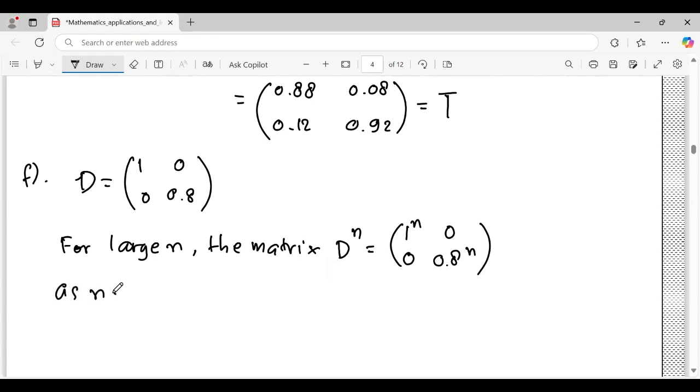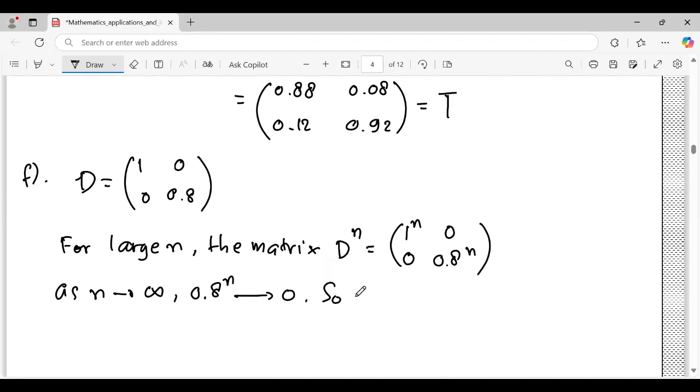As N approaches infinity, 0.8 power N also approaches 0, because 0.8 is a number less than 1.